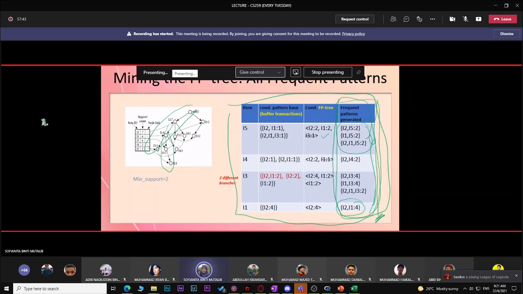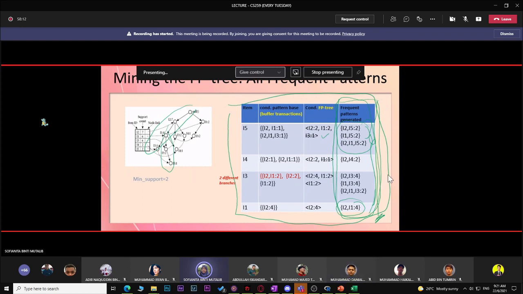Right. So generating this will actually terminate the process of finding frequent patterns, right? So what will be the next process? Apakah proses seterusnya? After you have generated these frequent patterns, what will be the next process? Atau what will be the next steps? Generate rules. Yes, good. All right.